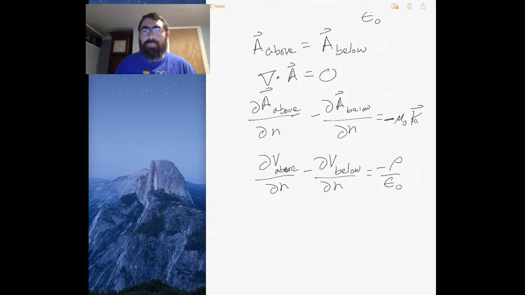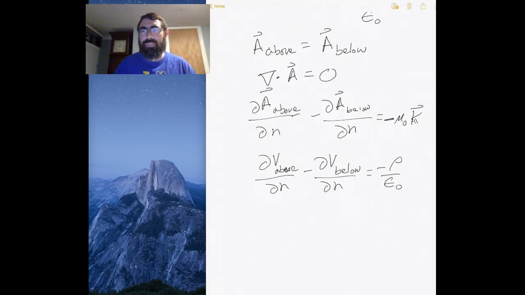And so the form is essentially the same. The only difference is that in the magnetic case, the potential is a vector, therefore its change is equal to a vector, which is the current density. The current has a specific direction to it. With the electric case, the electric potential, its change, is equal to a scalar, basically the amount of charge density that we have.